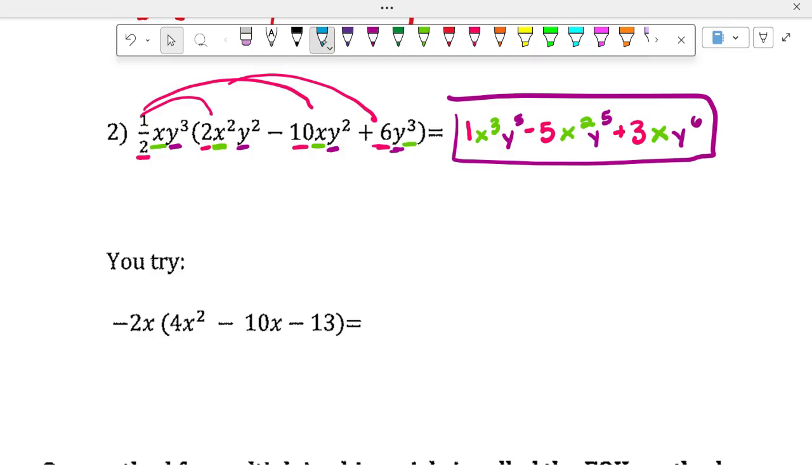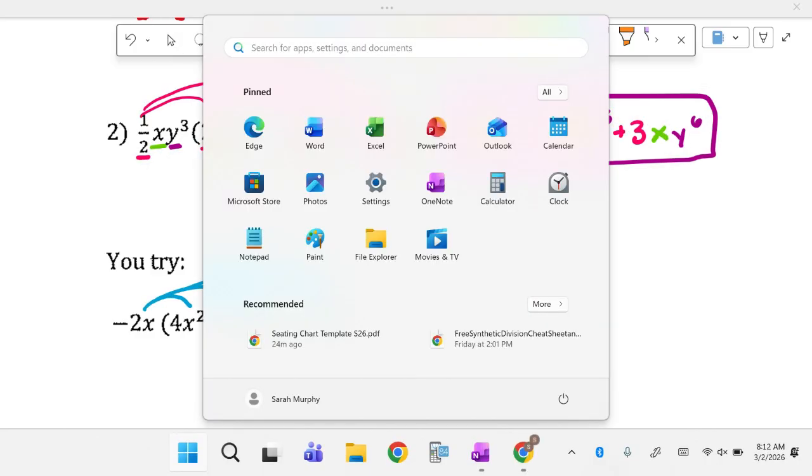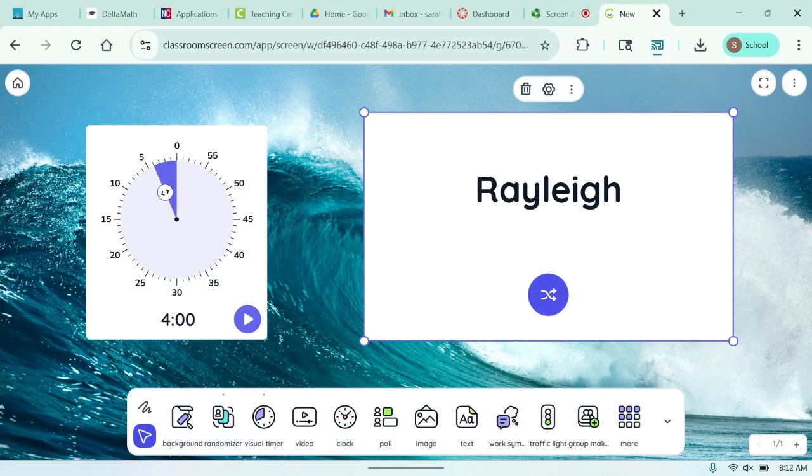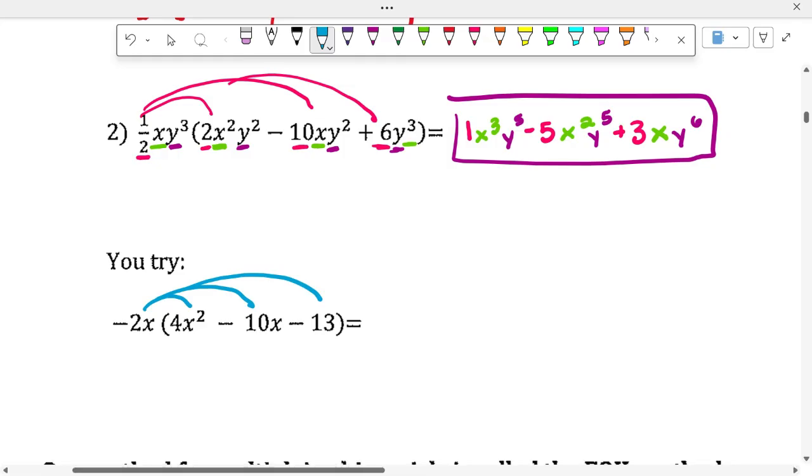So we're distributing the negative 2x to all three of these terms. So let's go with Rayleigh. What is negative 2x times 4x squared? So negative 8x what? Not squared.